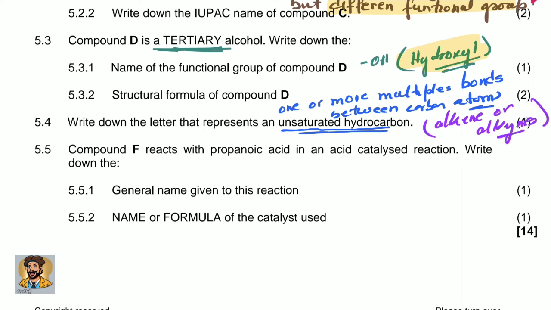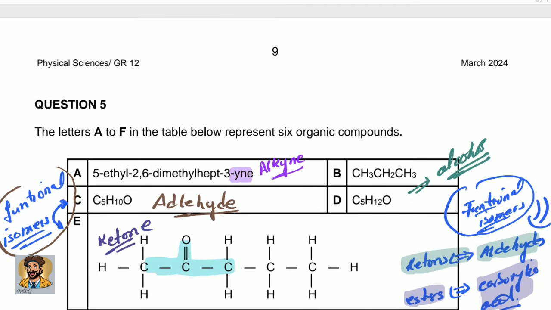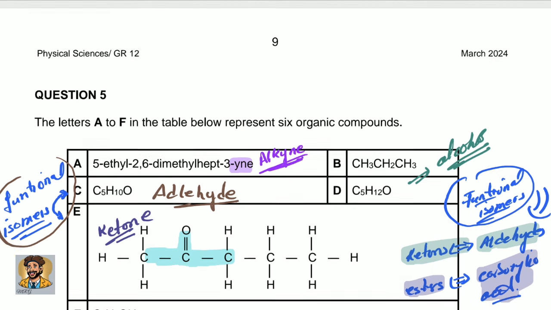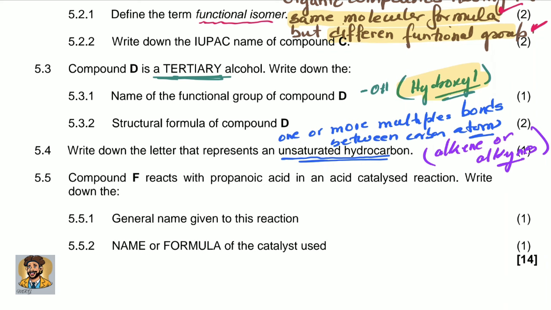Those are the two options for an unsaturated hydrocarbon. In this case, we know that compound A is an alkyne and therefore is an unsaturated hydrocarbon. So in this case, the answer is A. A is the answer for this unsaturated hydrocarbon. I'm going to write it here. That is the correct answer.